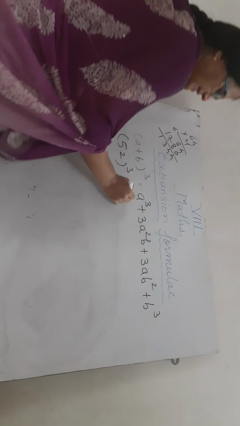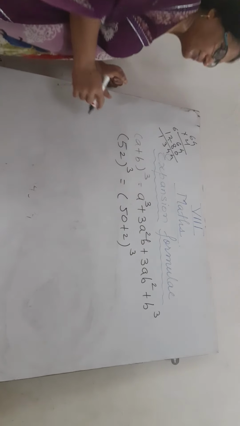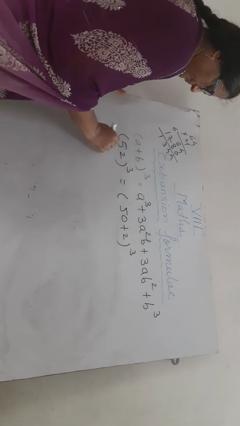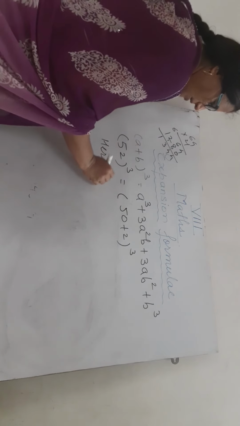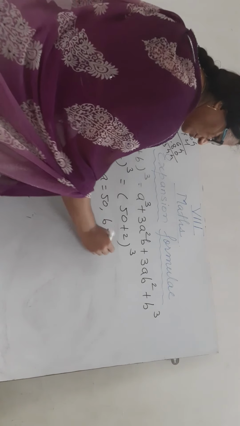Break 52 like this, 50 plus 2. Choose one round number. Now here A is equal to 50 and B is equal to 2.